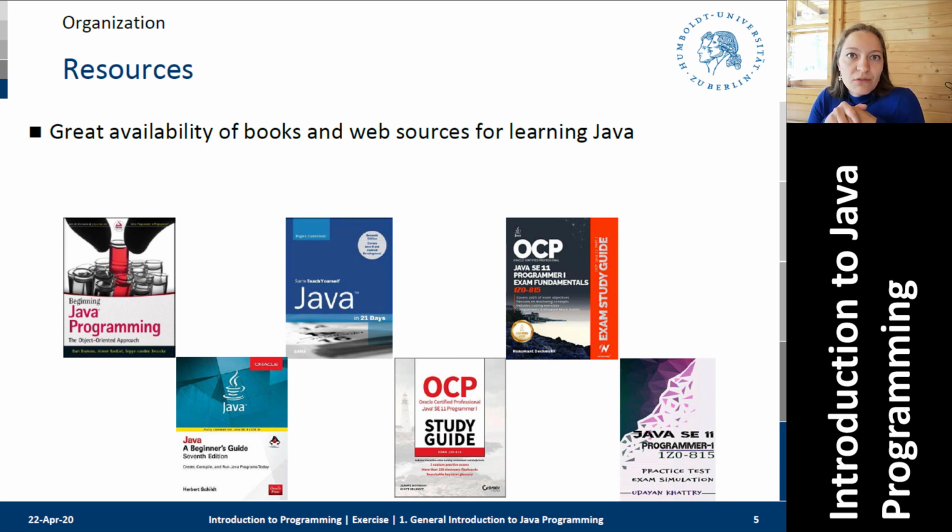During the preparation of the exercises, not only this one but also the following ones, I have used the 6 books that you see now on the slides. The first one, Beginning Java Programming by Bart Baesens and his colleagues.